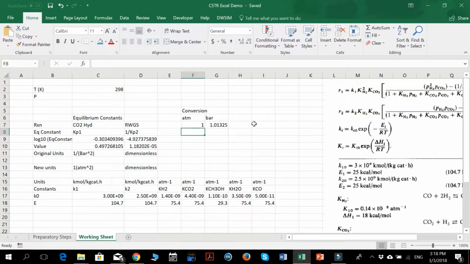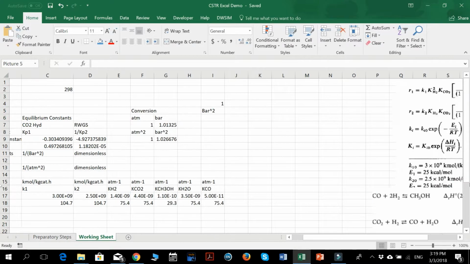So 1 atmosphere squared is this bar squared. So 1 squared is still 1, and then we'll just square this. This should be 1 over atmosphere squared. So 1 over 1 bar squared over the bar squared.